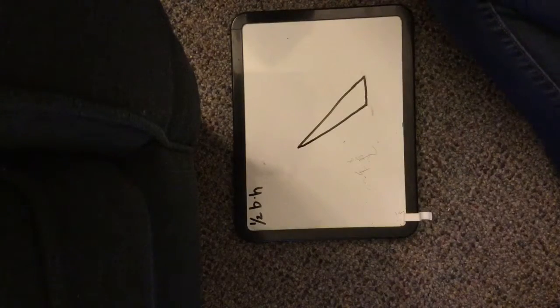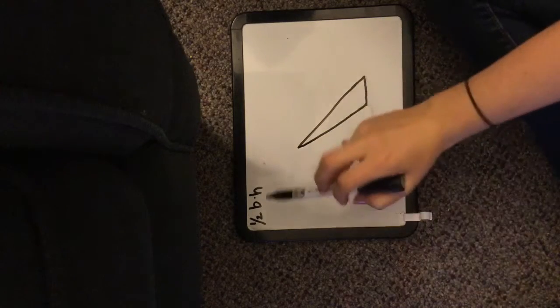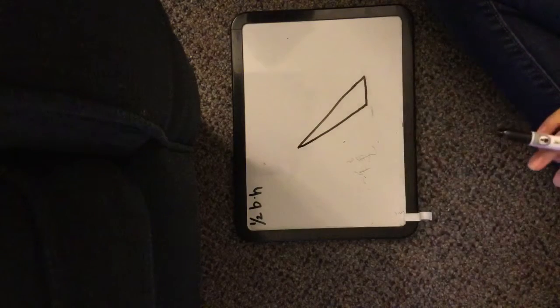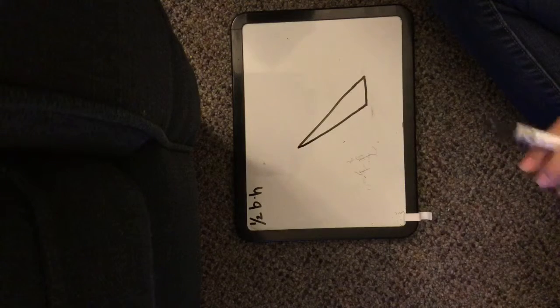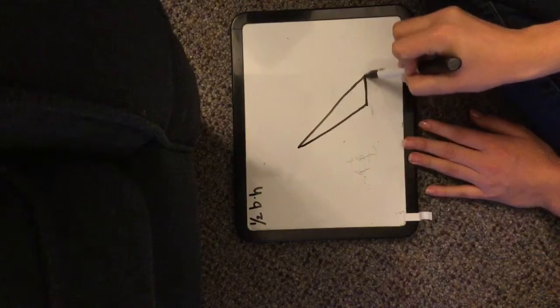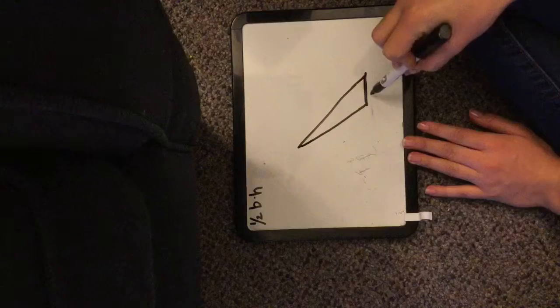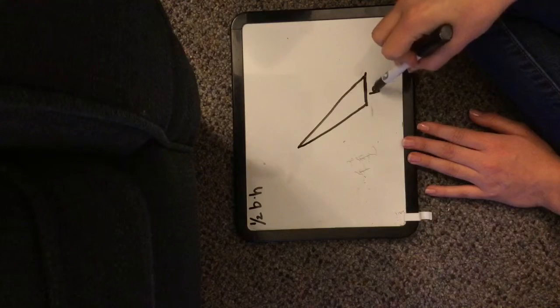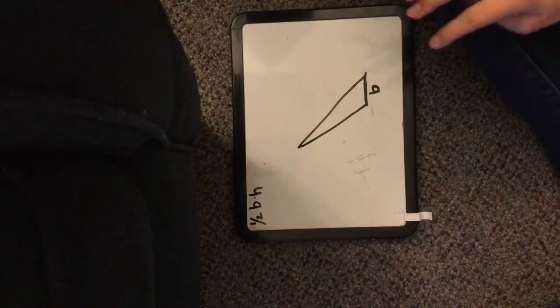When finding the area of an obtuse triangle, we use the same 1/2 base times height. We do this again by finding the base, any given base that we want. I'm going to pick right here. And then the height.